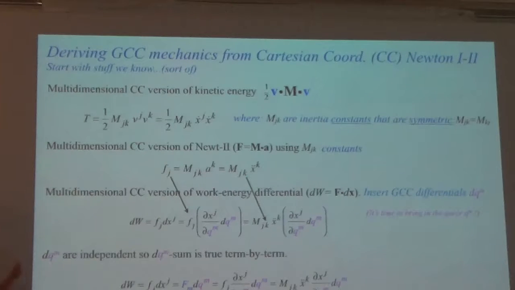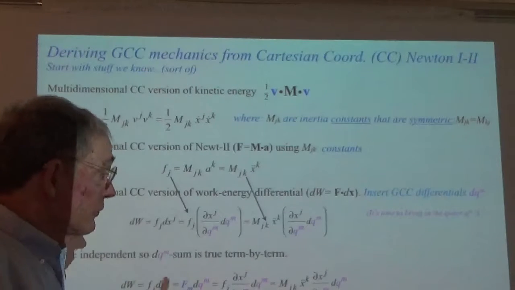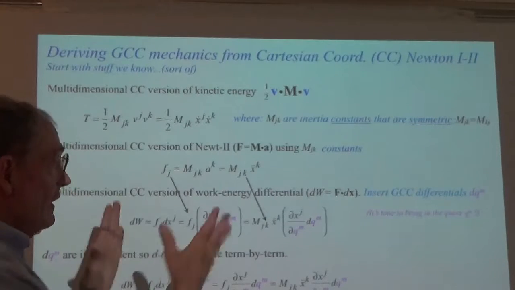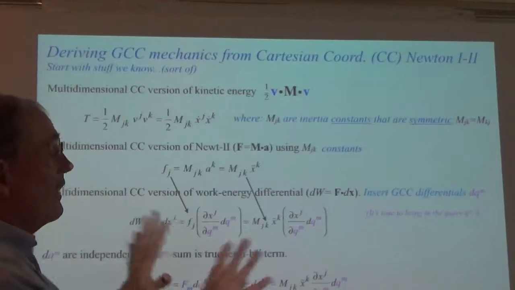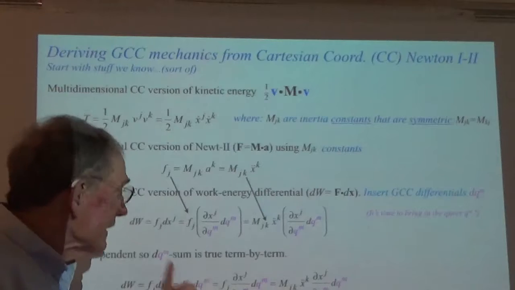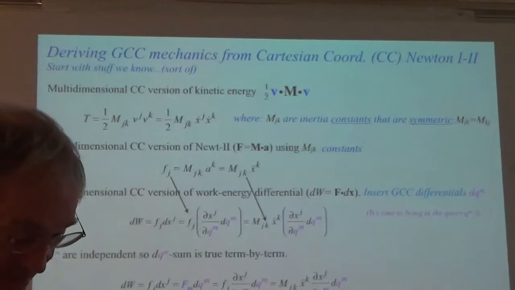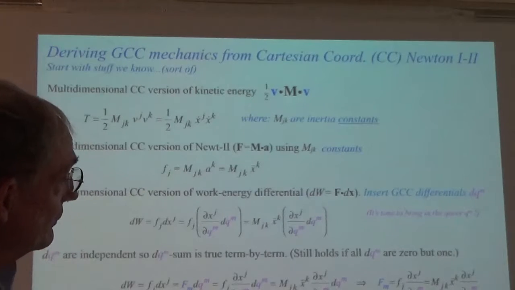Now, what we are demanding of the q's is that they are independent. So this equation is true term by term. Each term is an equality. So I can just stop the sum altogether and just pick an m, and write it. The sum isn't necessarily there.